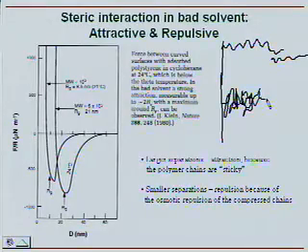But this is going to be until the point where you compress them so hard that they already have osmotic repulsion within themselves. So what happens in this case is, if you take a polymer like that, you have this attractive minimum here.